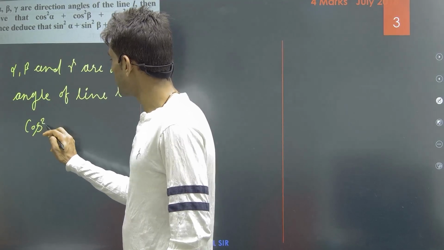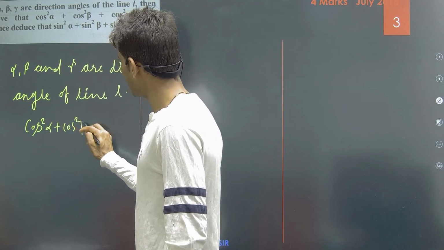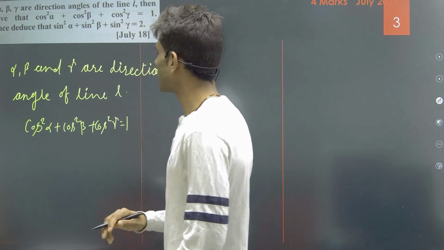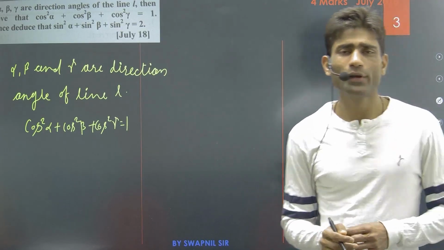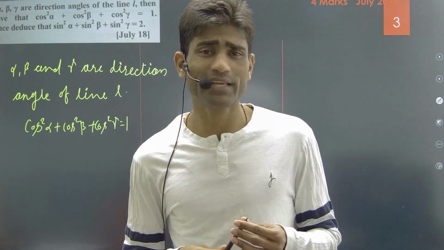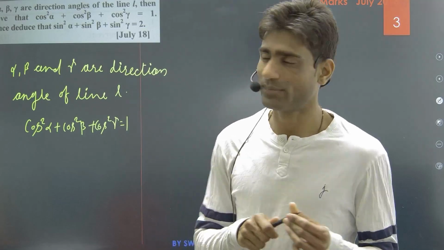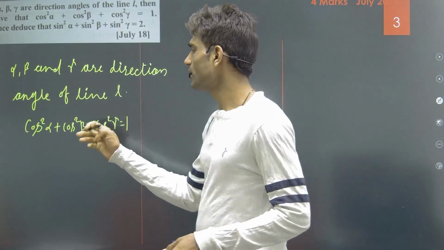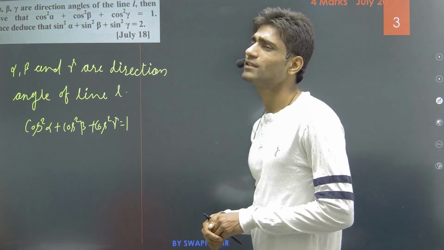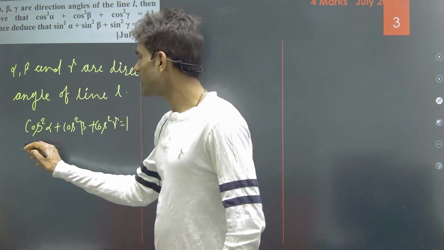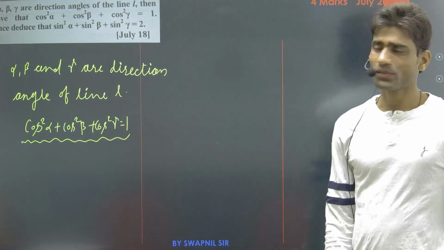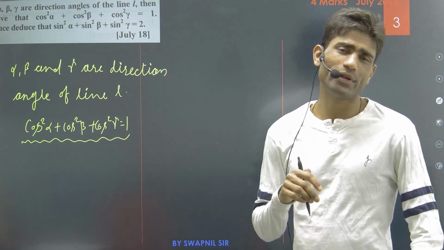This is our standard result that we already proved in our previous lecture. If you want to see the entire proof of this theorem, do check my previous lecture. What our result says is that whenever alpha, beta, gamma are the direction angles of the line L, then cos square alpha plus cos square beta plus cos square gamma equals 1.